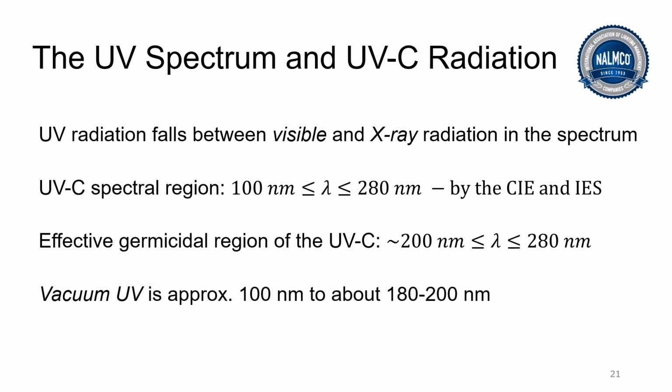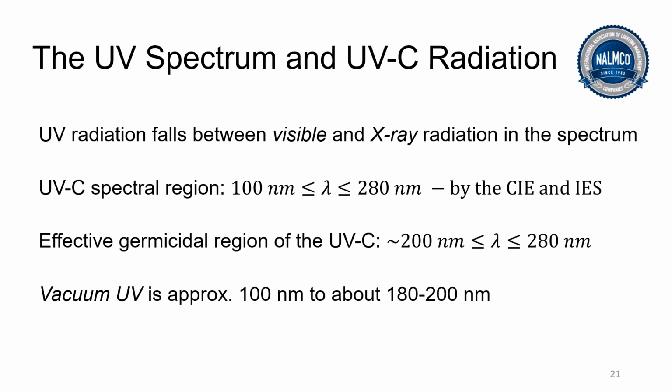So, summary points. UV radiation falls between the visible band and the X-ray band in the electromagnetic spectrum. The second key point is that UVC is that spectral region which is the shortest of the UV wavelengths, from about 100 nanometers up to 280 nanometers. That's pretty well agreed by the CIE and the IES and other organizations interested in lighting and light technology.